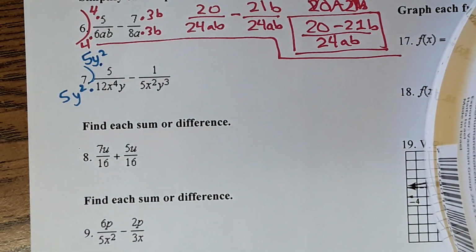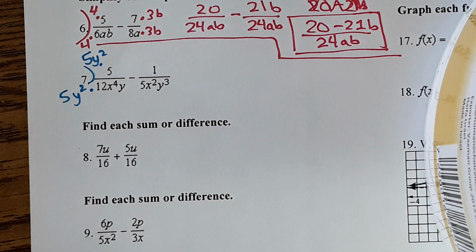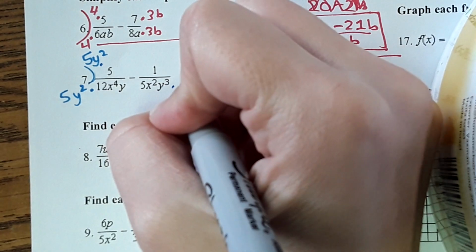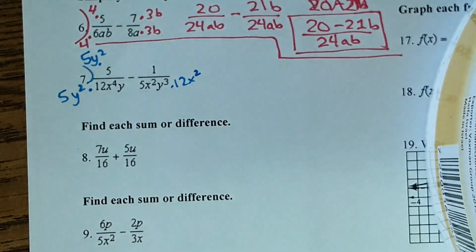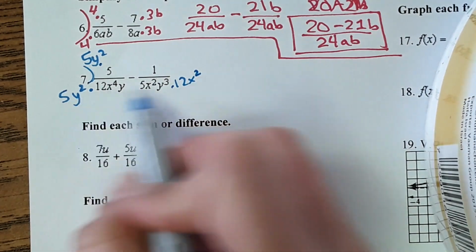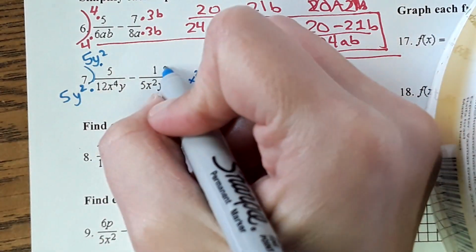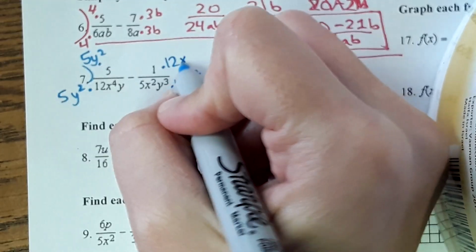Then over on the other side times 12x squared. And that would give us the same amount of x's as the other side, as well as that 60 on the bottom. And then whatever you do to the bottom, you do to the top.